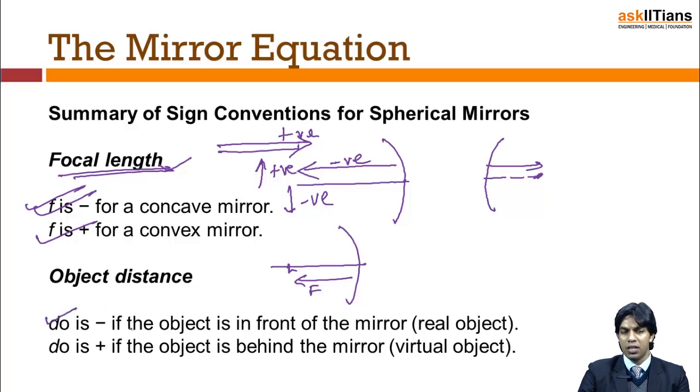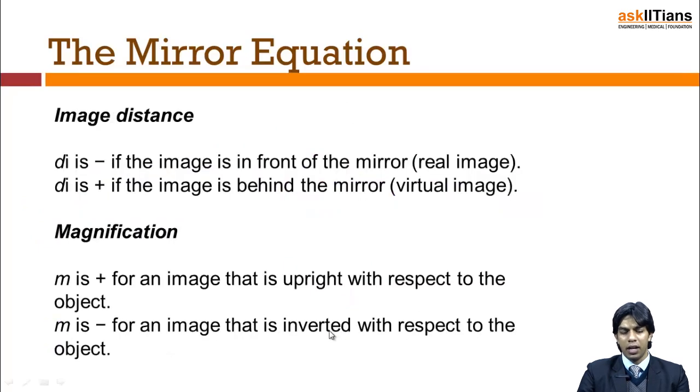That is, the object distance is negative for the real object and positive for the virtual object, virtual being that it's lying on the other side of the reflecting surface. Similarly, for image distance and magnifications, these are the simple trivial things which are given in this particular slide.